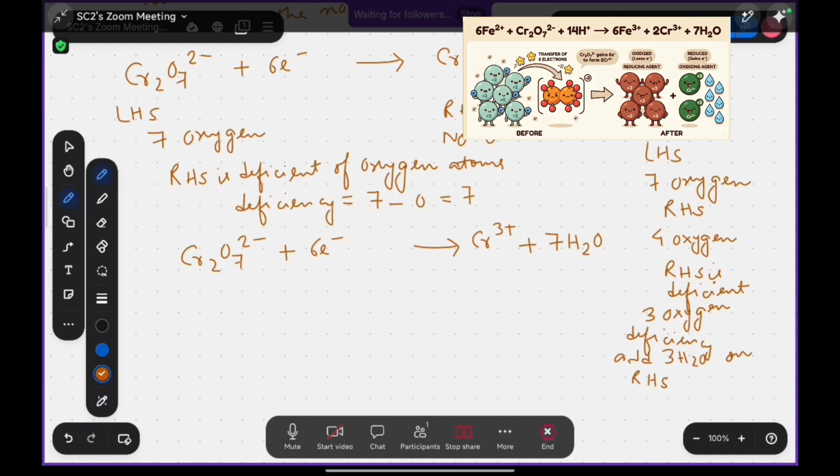The next step, the 5th step, involves balancing hydrogen atoms. To balance hydrogen atoms, what will you do?